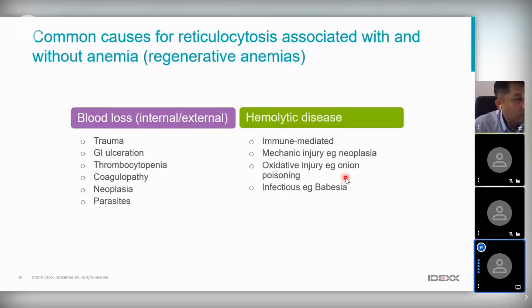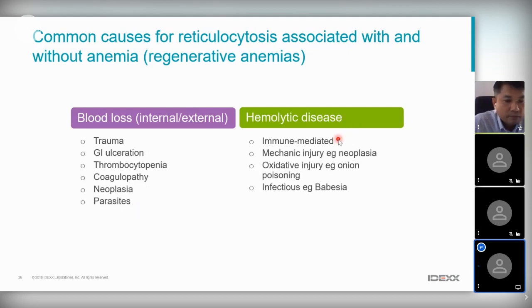So let's have a look at the common causes for reticulocytosis associated with or without anemia, that is regenerative anemias. So the common causes could be blood loss, internal or external. It could be an internal blood loss as well. It could be because of some trauma or some accident, some sort of ulcers in the GIT tract, thrombocytopenia, and coagulopathy, neoplasia, as well as some parasites, like the blood-sucking parasites specifically.